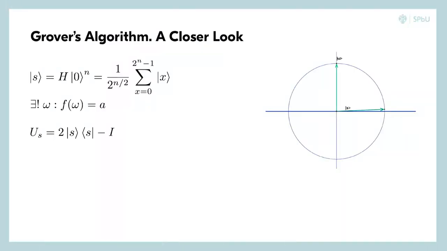And the last question is, why do we choose this operator, US? There are plenty of operators in this space, infinity to be exact. Why this one? And the answer is again very simple. We need some vector to reflect it in the desired direction. But we don't know which direction is desired.